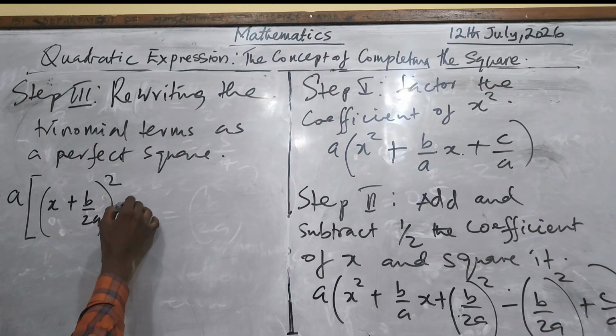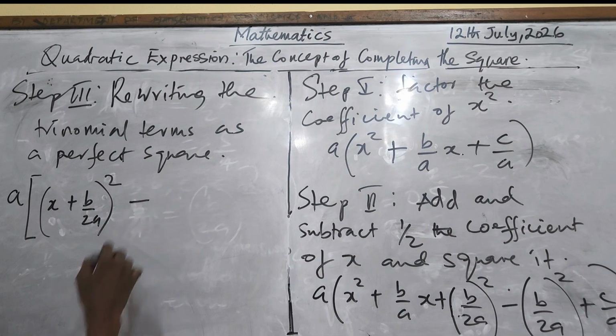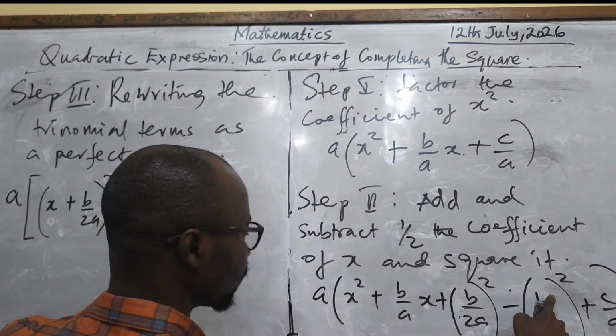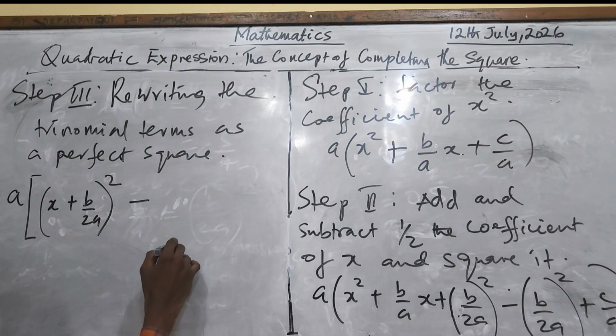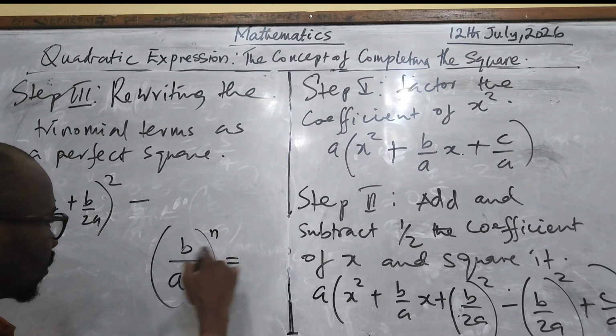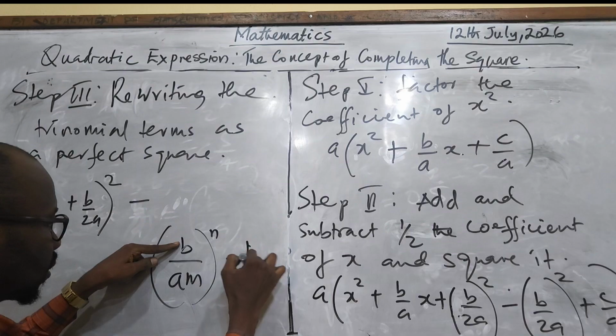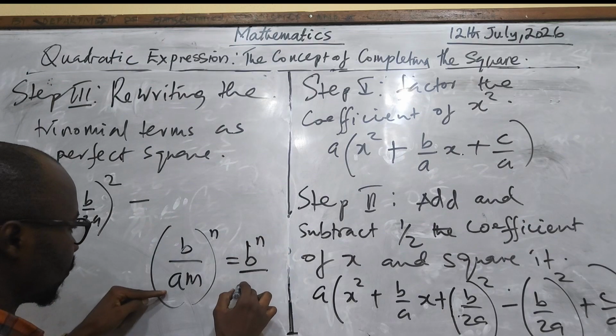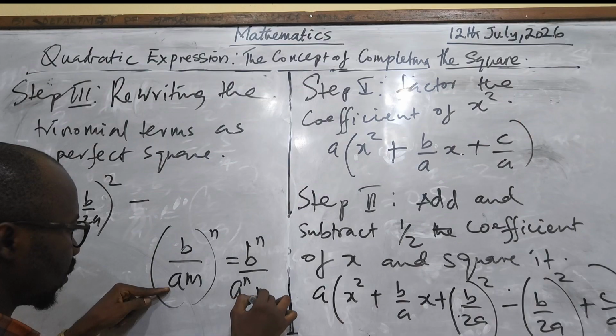So this is going to be minus, of course, from our understanding of indices, if I have b all over a raised to the power n, this comes in, so I have b^n all over a^n.